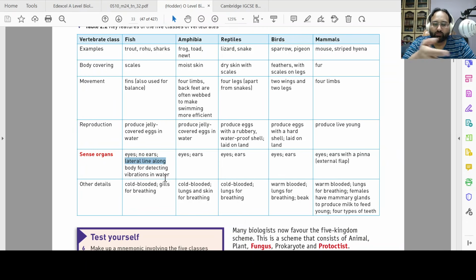Fish are able to do that by vibrations in the water. So they don't have ears, but by a stretch you could say they can hear, though not in the typical sense. In a sense, they're also deaf, like snakes. Snakes don't have ears. Sorry, they have ears, but they're deaf.